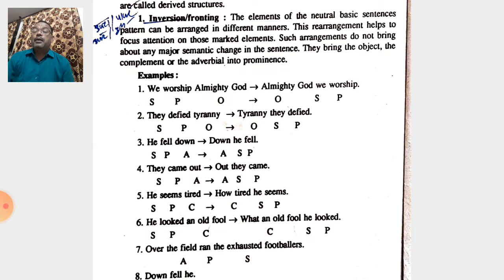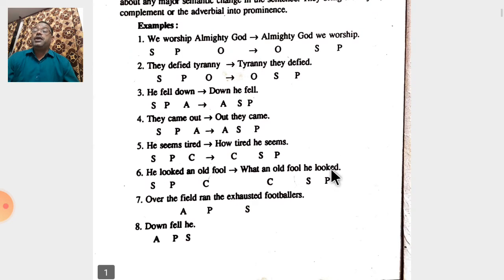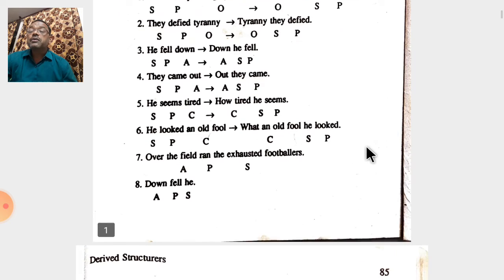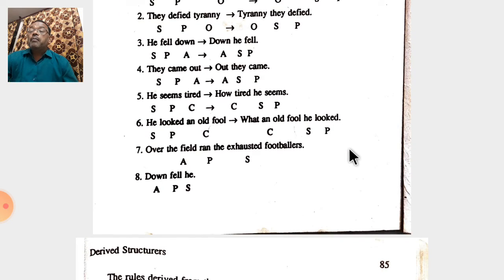Actually, he fell down. Down he fell. Down fell he. That is the inversion. Do you understand here?